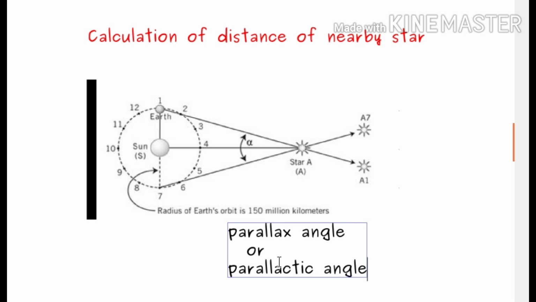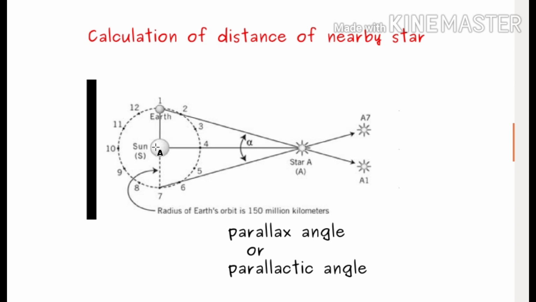So if we measure the distance of this star from positions 2 and 8, there will be no effect. From 9 and 3, there will be no effect. But what about 4 and 10? In the way of 4 and 10, 4 can see the star, but 10 cannot see because the sun is there.